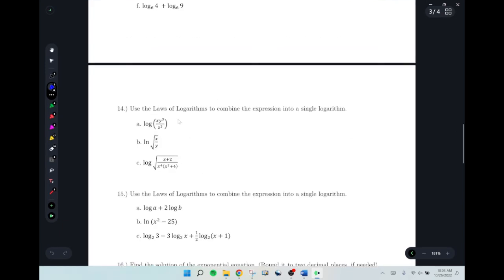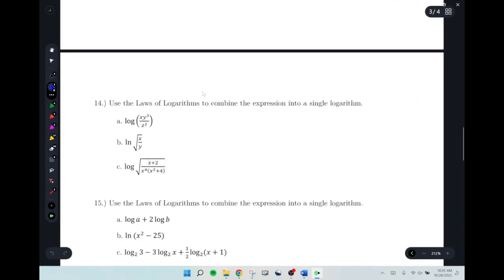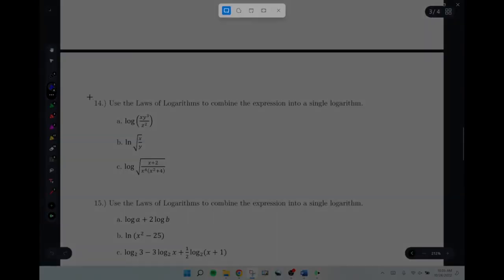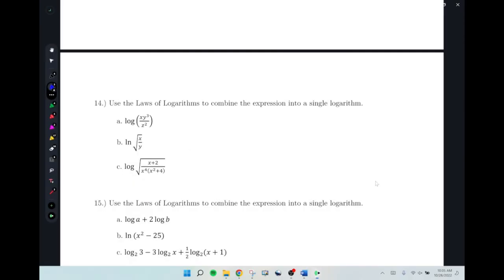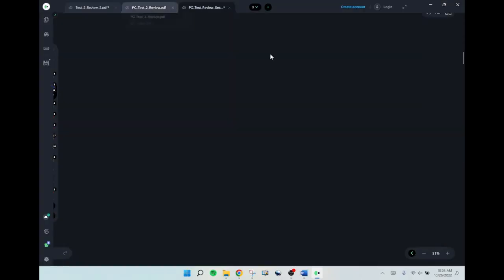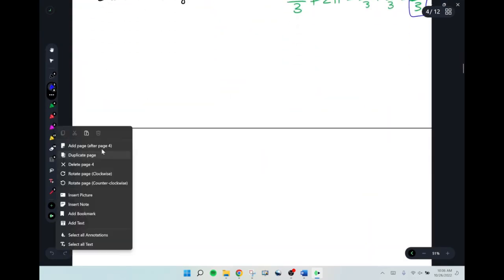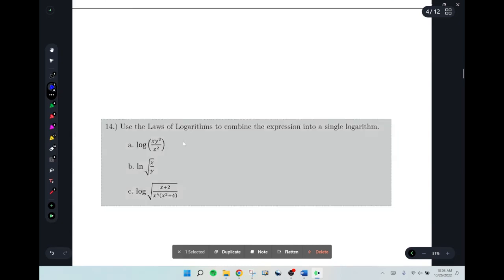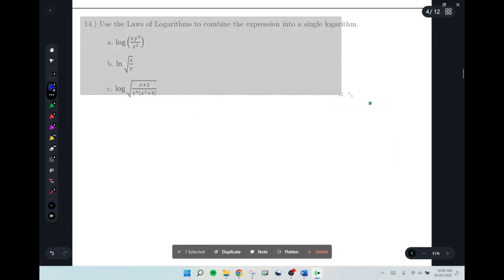Number 14. Ooh, laws of logs. That's good. We did that very quickly. So many laws, right?